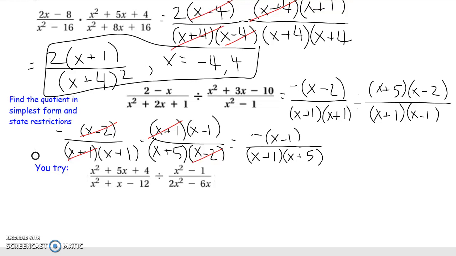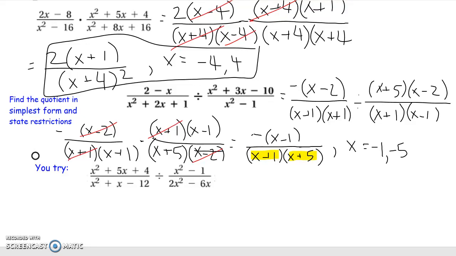When we talk about the restrictions of the domain, it becomes slightly more involved when we're dividing. So we need to look at our final answer. Here we can't have x equal to -1 or -5, there's our two restrictions. We also need to look at the factors that we canceled.